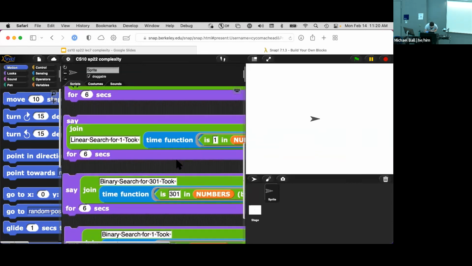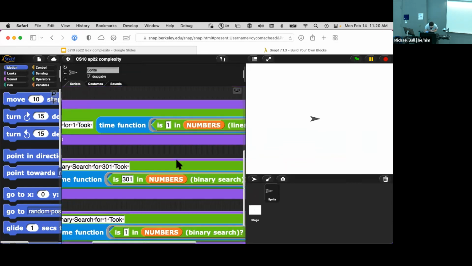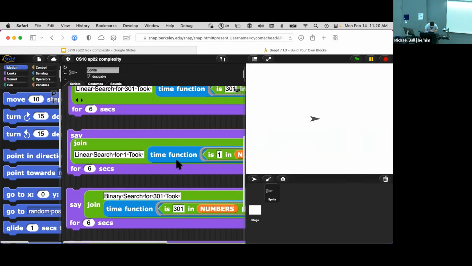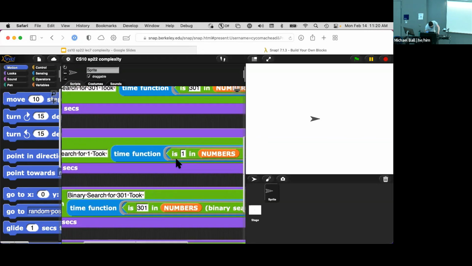In this project, I've updated things a little bit from the slides to use a higher order function to time a block instead of resetting the timer. It works the same way, but I think it's a little bit cleaner.